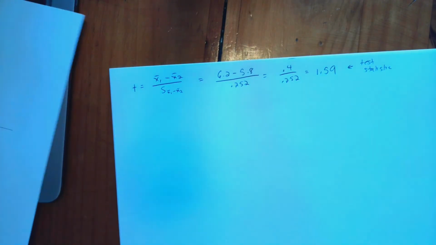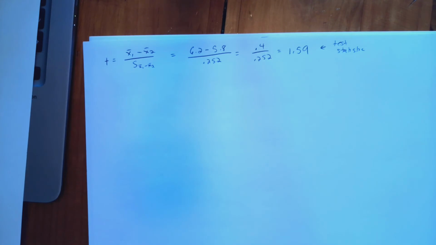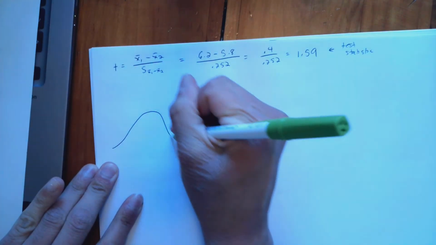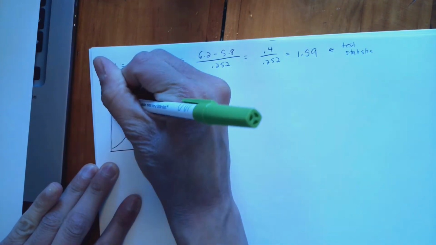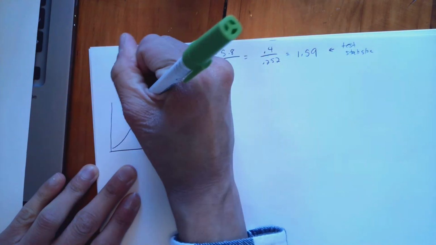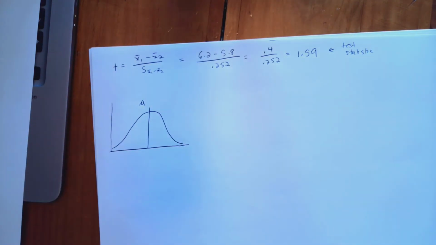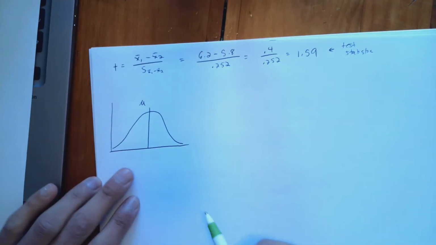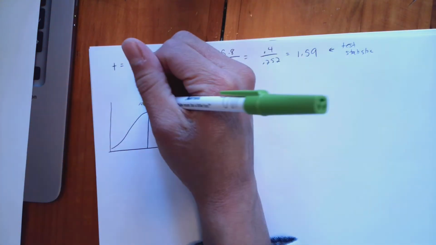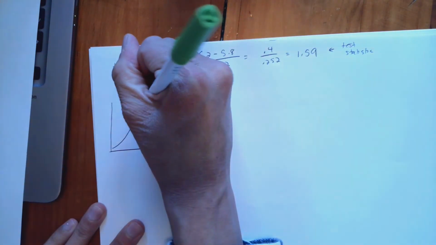And so, as with any test statistic, what this tells us is where our sample values would fall on our sampling distribution. So the sampling distribution we're looking at is the same one that I wrote out on that other page there. So this is the sampling distribution for the difference in sample means, with our overall mean being that there is a difference of 0 between the population means.